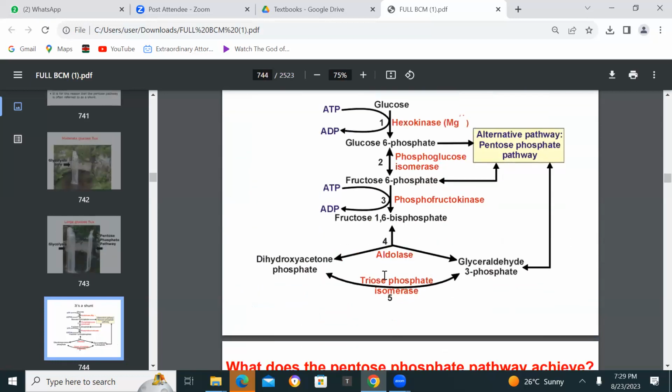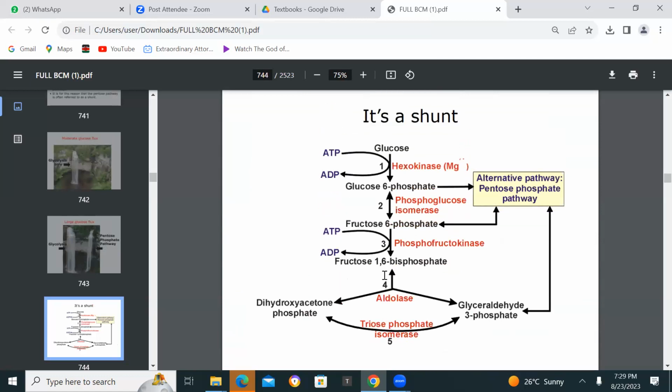Yeah. So this is part of the glycolysis pathway, and the starting molecule for the pentose phosphate pathway is glucose 6 phosphate from glycolysis.